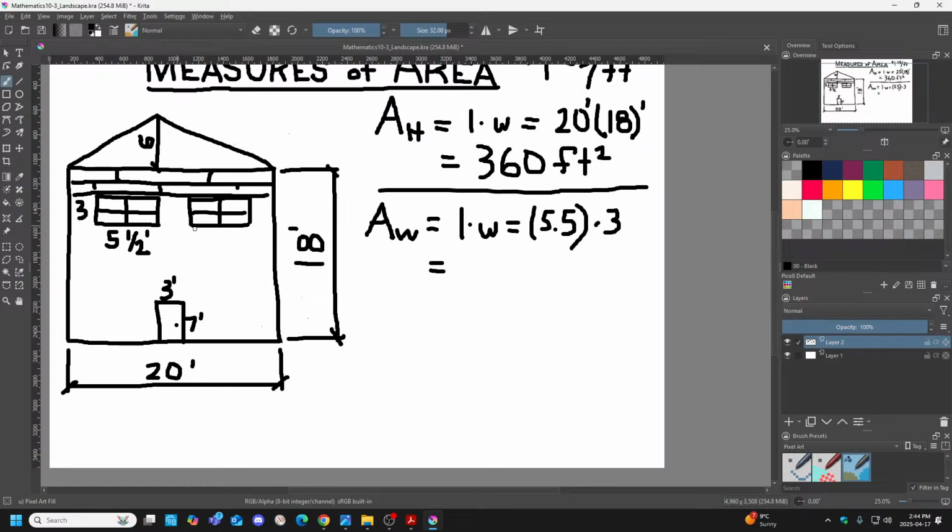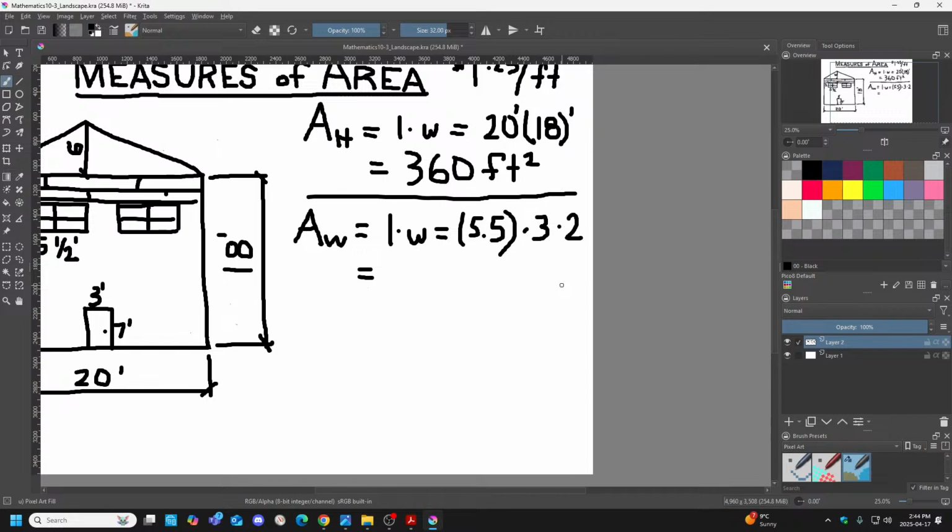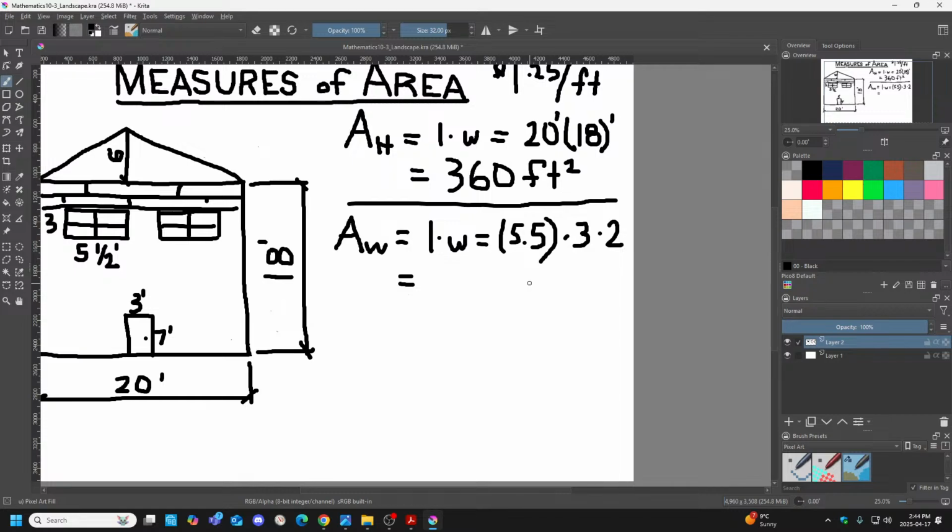Remember, this is only for one window we're doing. I should actually go times 2. That would save some time and some space, right? You understand why I put the 2? That's the quantity.